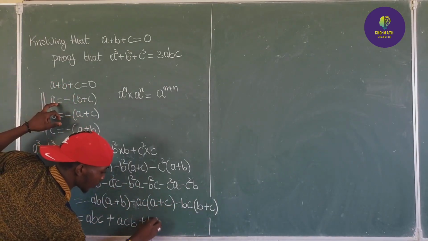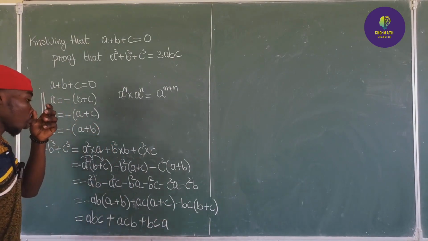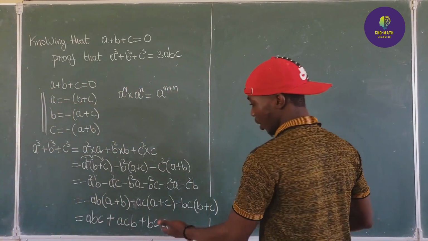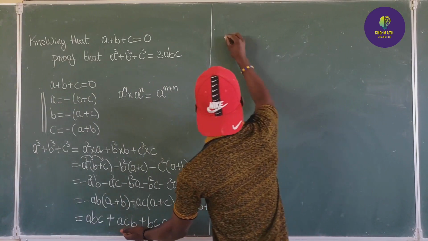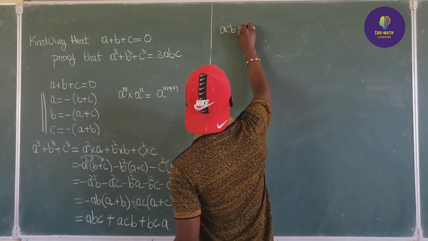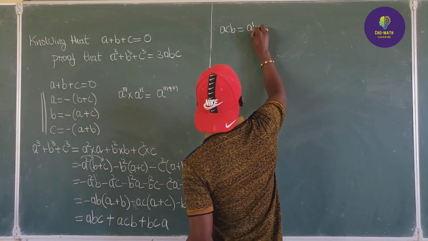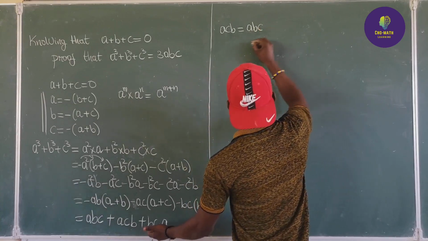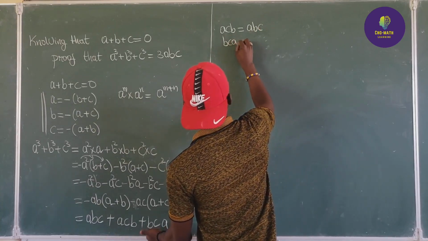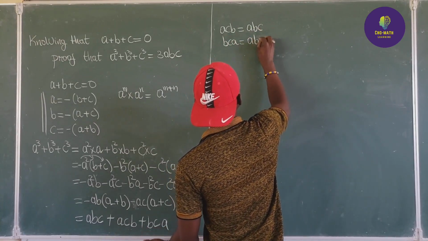that's bca. At this level, we know that acb is still equal to abc, and bca is also equal to abc.